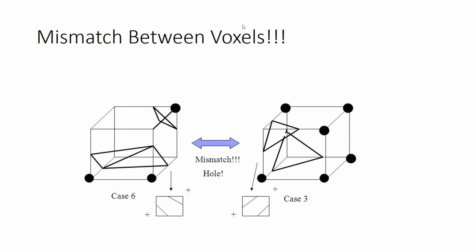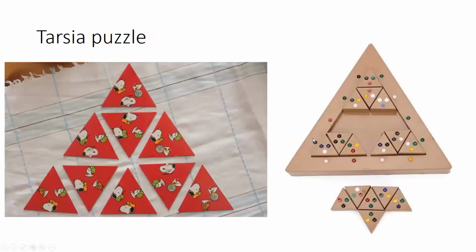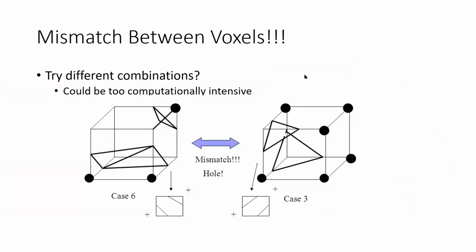What I can do is change the configuration because I have a few options, right? I don't know if you play this type of puzzle. I give you a puzzle, you try to put in the pieces such that each border agrees with each other, and it's computationally quite expensive.